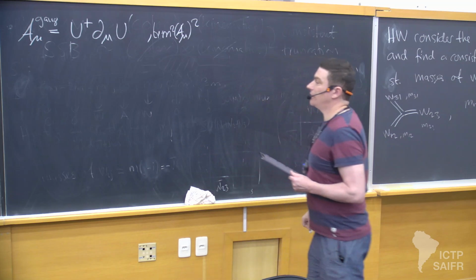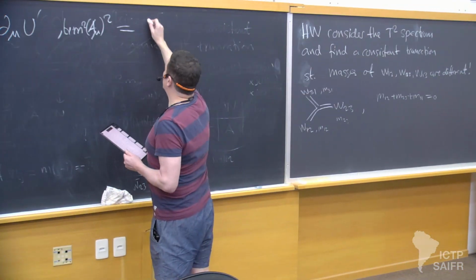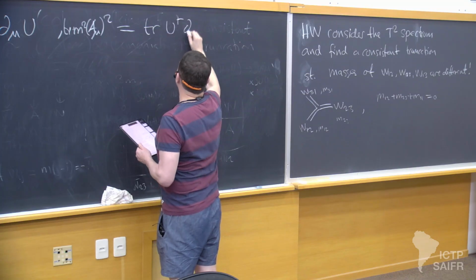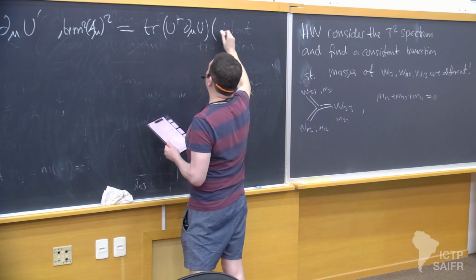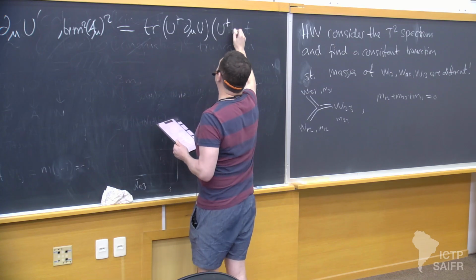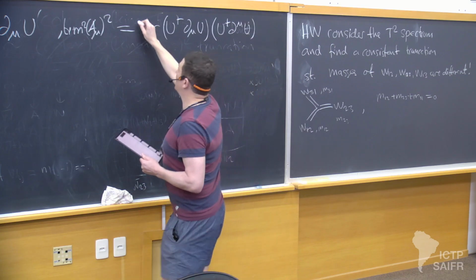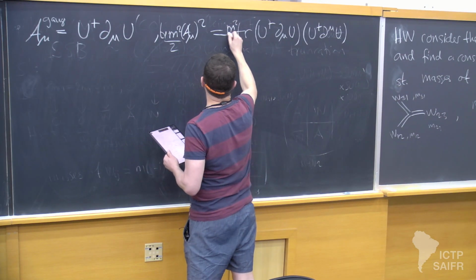Then of course it's not going to vanish. So then you're going to get trace of U dagger d mu U, U dagger d mu U, and then also m, and that's typically over 2 here, so m squared over 2.